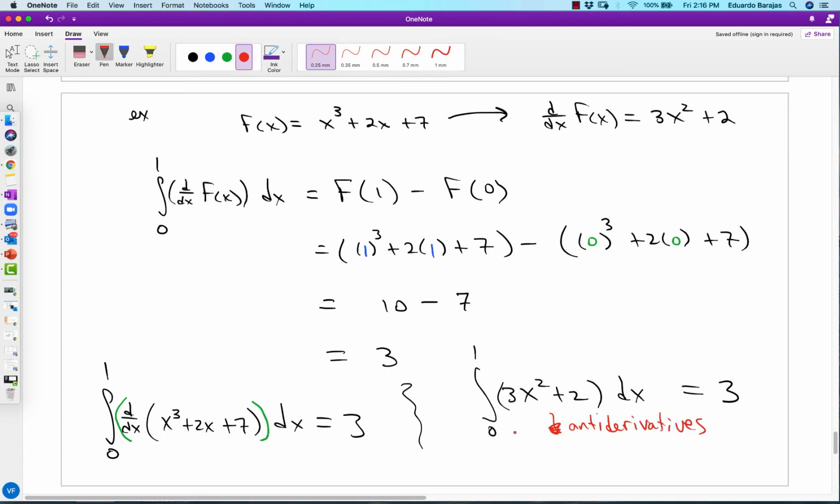So that I can go backwards and figure out that the antiderivative, or an antiderivative, is equal to x to the power of 3 plus 2x plus c, right? This is the general form of an antiderivative.